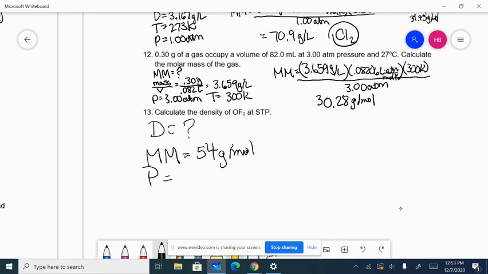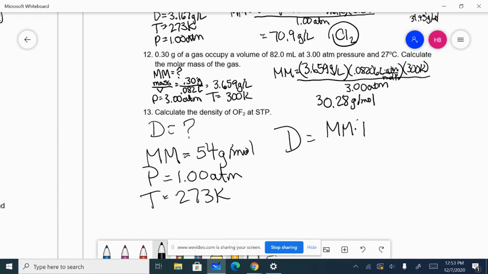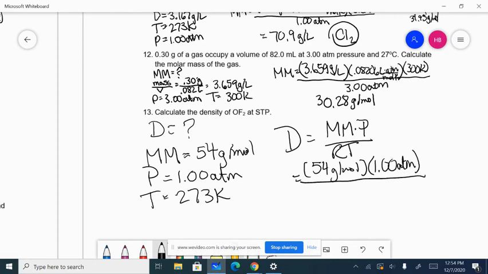The pressure is at STP, so 1 atmosphere, and the temperature is 273 K. So density is equal to molar mass times pressure over RT, or 54 times 1 over the ideal gas law constant times the temperature.